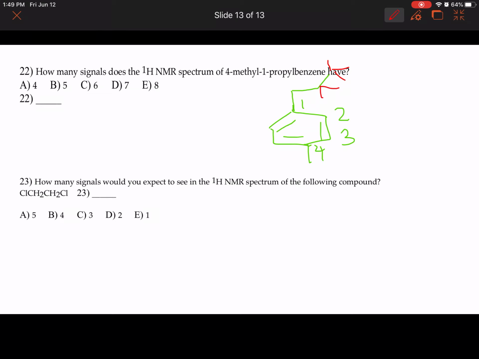So we will have 3 hydrogens. They are going to be 1 signal. 2 hydrogens would be another signal. These 2 would be another signal. And this is going to be another signal. And what about these? They are going to be in one environment since the molecule is symmetrical. So these are going to be in another environment.